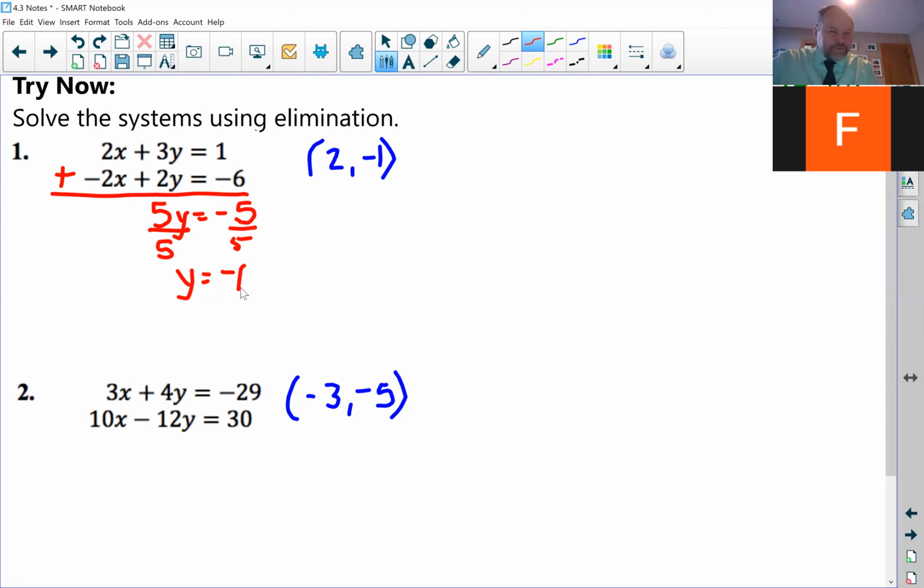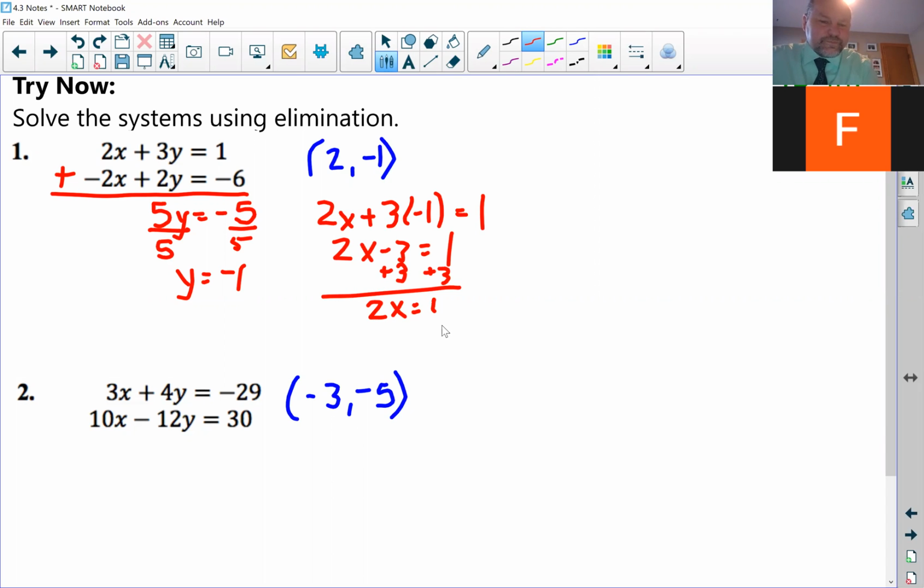If I plug that value into one of my two equations, maybe I'll choose the top equation. So 2x plus 3 times -1 is equal to +1. This would be the same as 2x minus 3. Add 3 to both sides. Divide by 2.